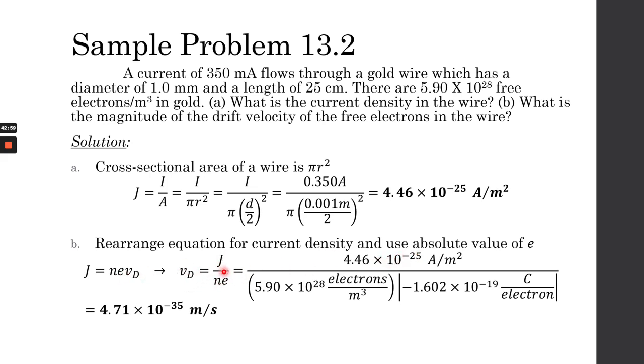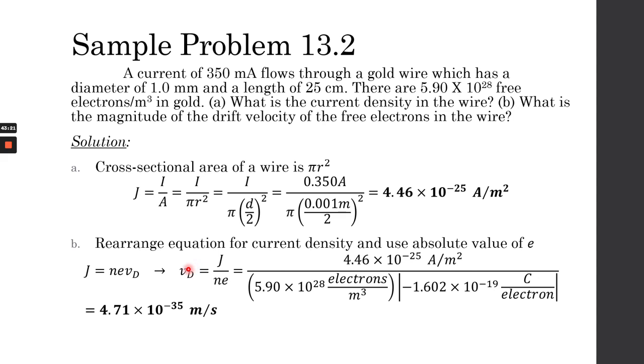Plugging in the numbers, why are we using the absolute value of e? It's because this is drift velocity. Basically this tells us the velocity. Usually we only denote negative if it's going in the opposite direction.